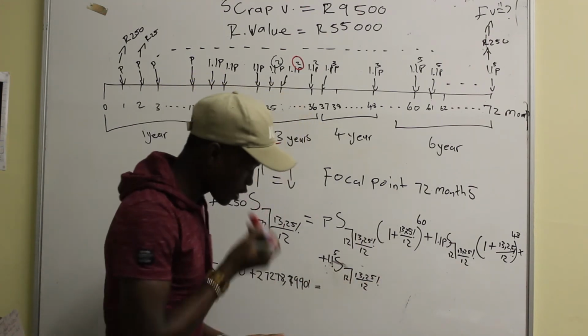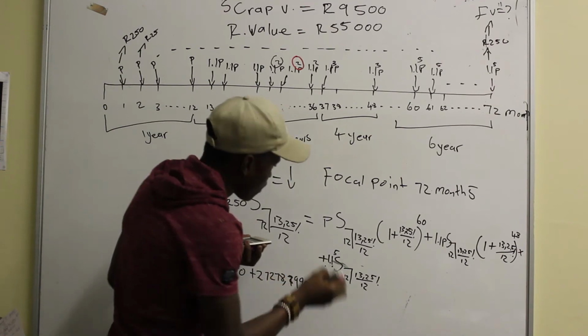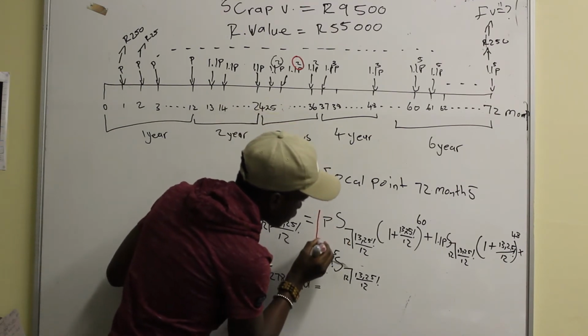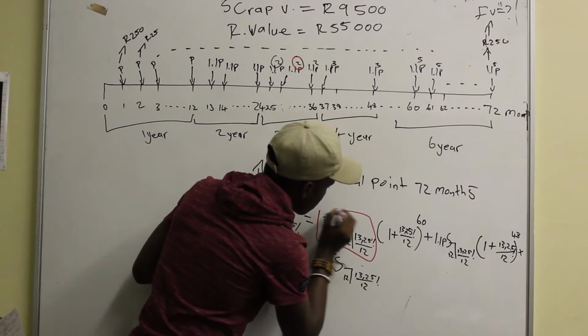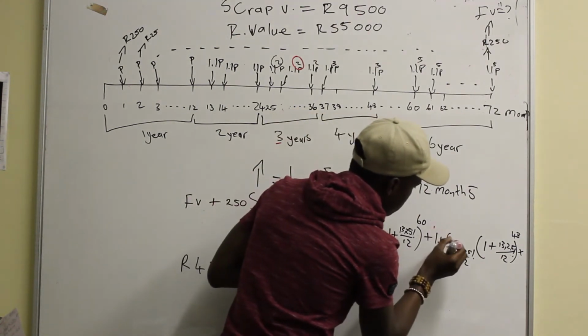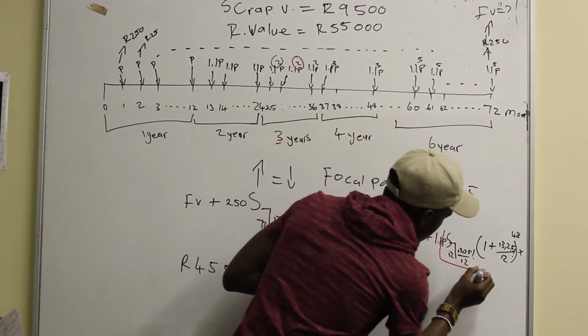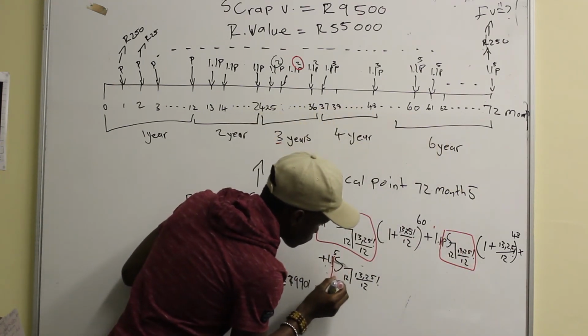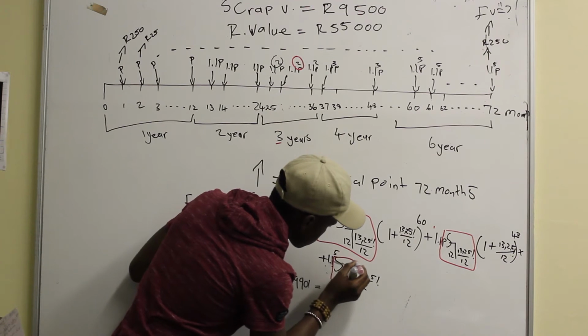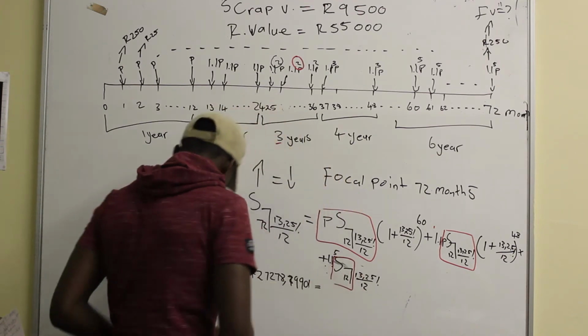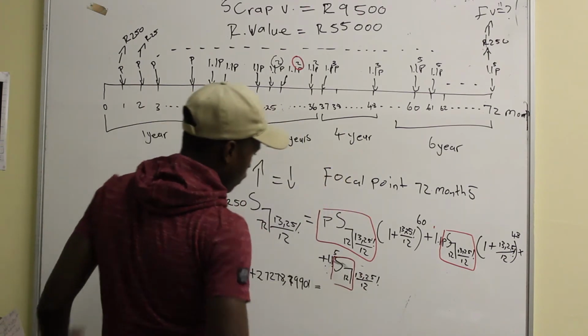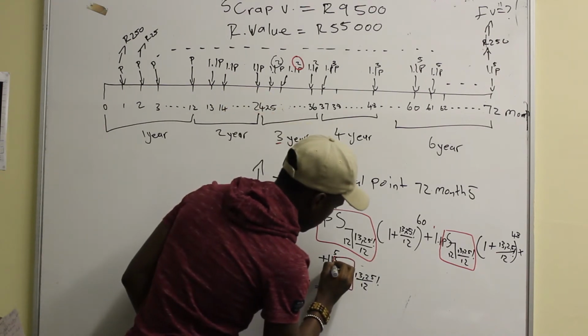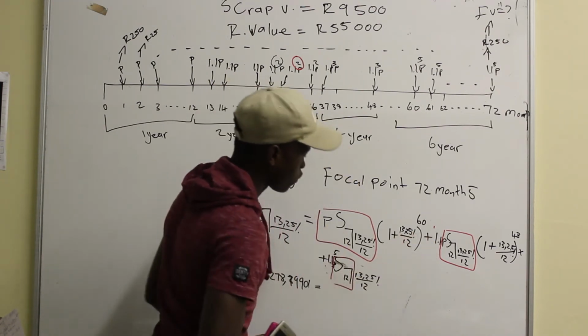You can see that we have this ugly thing here as my common factor. So what I'll be doing now is taking this ugly thing out of this beautiful thing here.